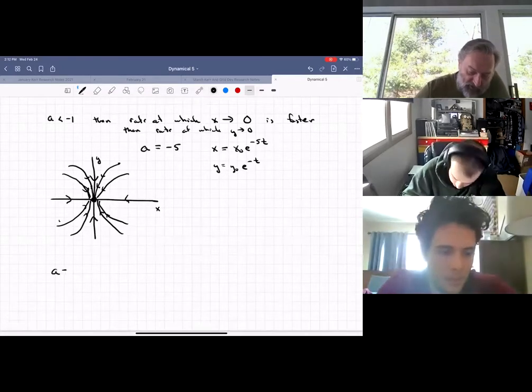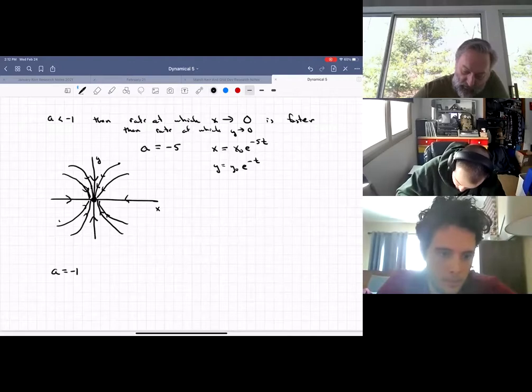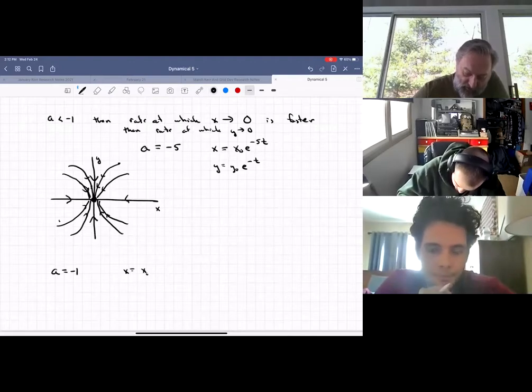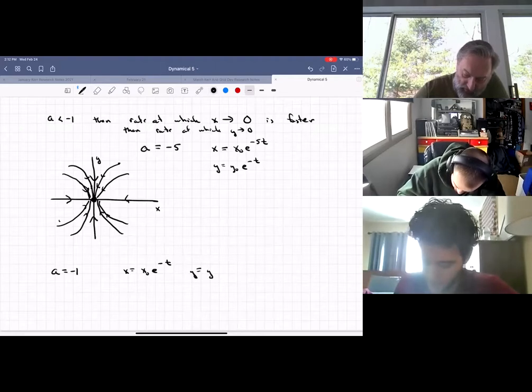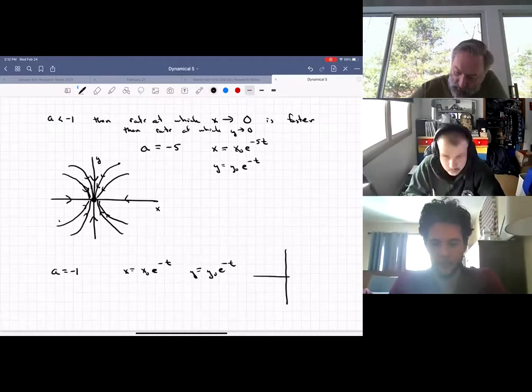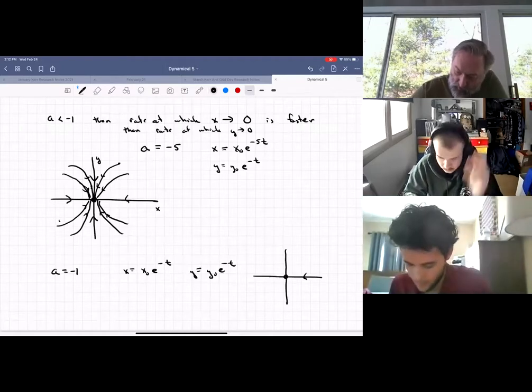Now, if a is equal to -1, then x is x0 e to the minus t, and y is y0 e to the minus t. And so now, again, the origin's a fixed point.